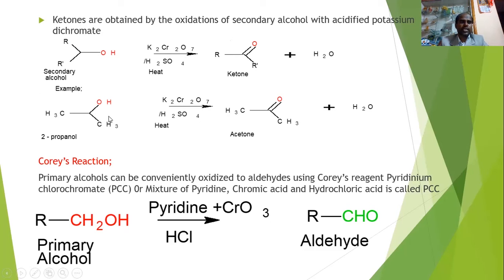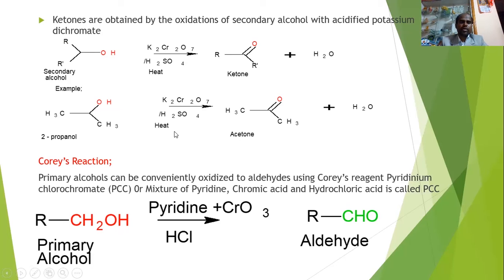Name of this particular secondary alcohol is 2-propanol. The 2-propanol, when it is treated with acidified potassium dichromate, will give you acetone. This is a byproduct. Overall, primary alcohol on oxidation gives aldehydes, secondary alcohol on oxidation gives ketone, and tertiary alcohol does not undergo oxidation, but they undergo elimination. That is the thing you need to remember.